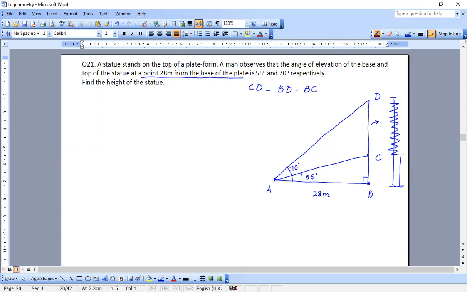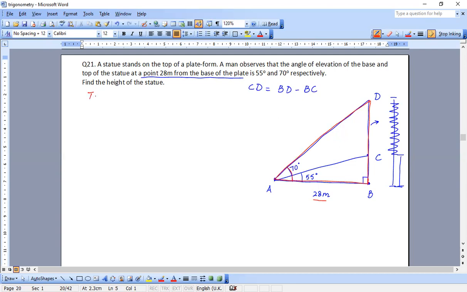So in order to calculate the length of BD, where is BD? This is BD. If I want to calculate this length, I'll need to consider this right angle triangle. In this right angle triangle, I have the length of a side, which is 28 meters, and I have an angle, which is 70 degrees. With this angle known, 28 meters becomes my adjacent and BD becomes my opposite.